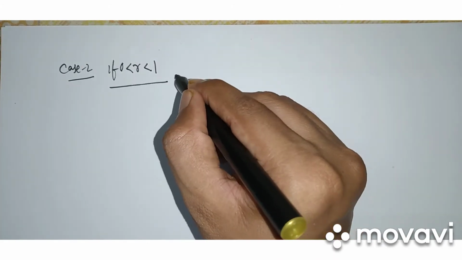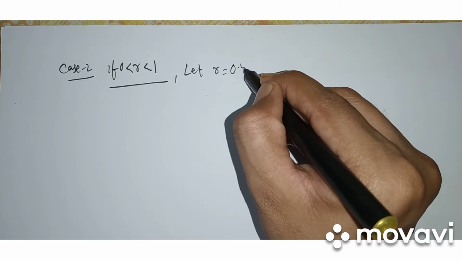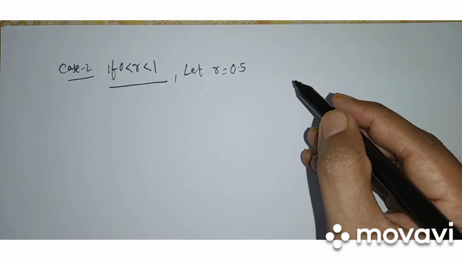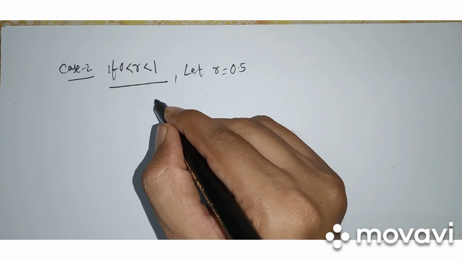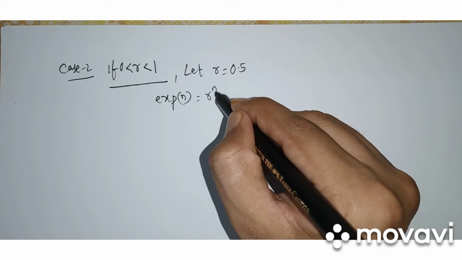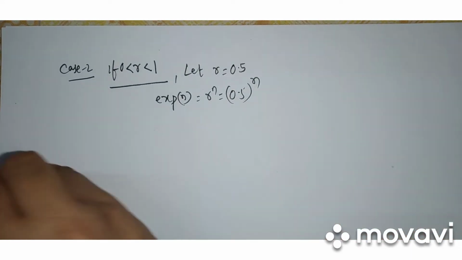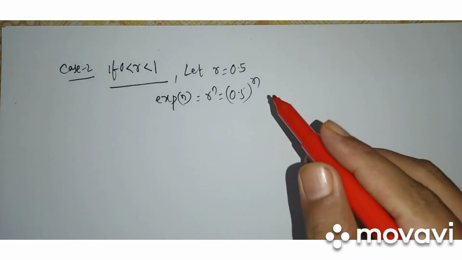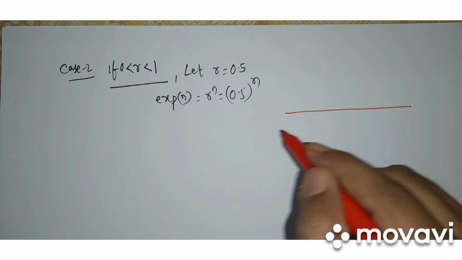Let some value I am taking. Let r equals to 0.5. Okay. Now it lies between 0 to 1. Then again, what is exp of n? Exponential signal. It is r to power n, that is 0.5 to power n. Now try to plot this. What will get?